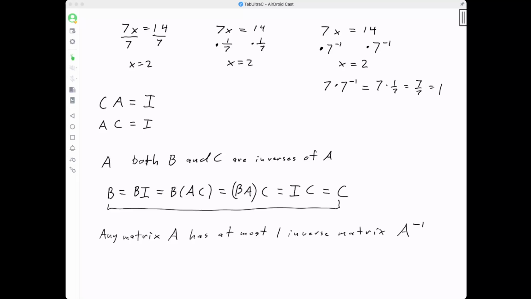Now, not every matrix has an inverse matrix, but if the matrix is invertible, then every inverse matrix is the same. So we can use just A inverse instead of having to say, oh, well, B is an inverse matrix of A, and things along those lines. So this allows us to simplify our notation so that we only refer to the inverse instead of saying this inverse or that inverse.